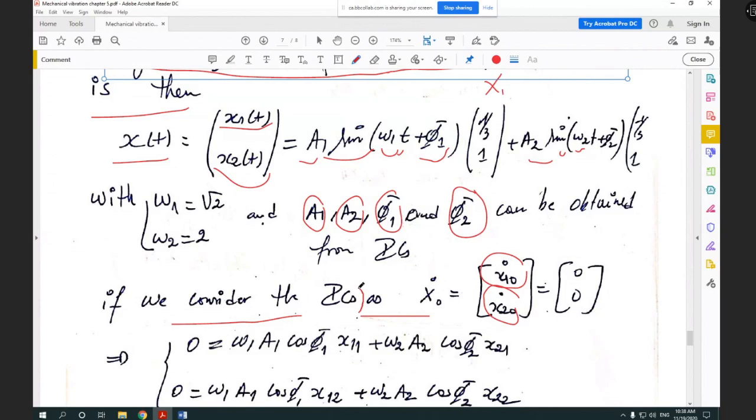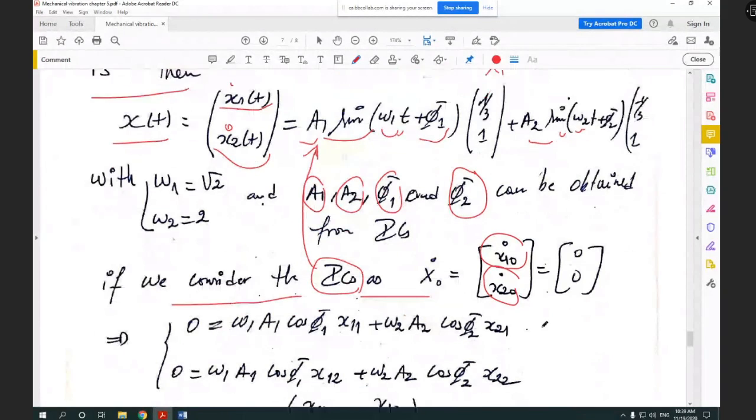We apply these initial conditions to our solution. We need to differentiate x(t), obtain x1 dot and x2 dot, and replace them by 0 because we consider time equal to 0.